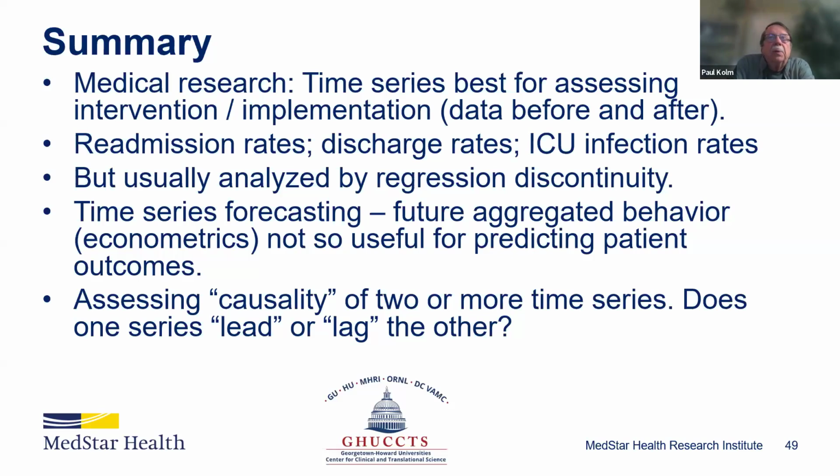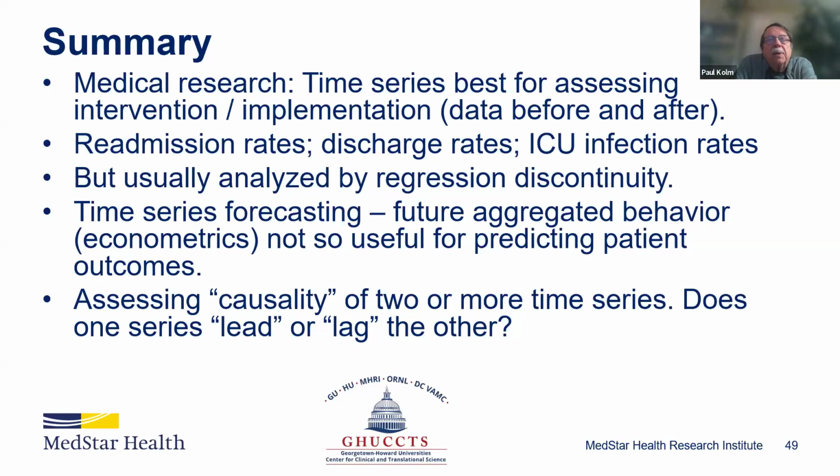So for example, we did readmission rates as an example. You could do discharge rates or infection rates, hospital infection rates. And as I mentioned before, these are usually analyzed by regression discontinuity, but we could analyze these as time series and compare the two time series functions before and after.